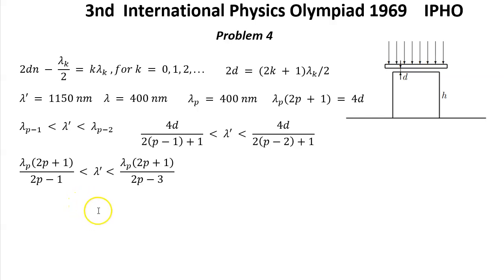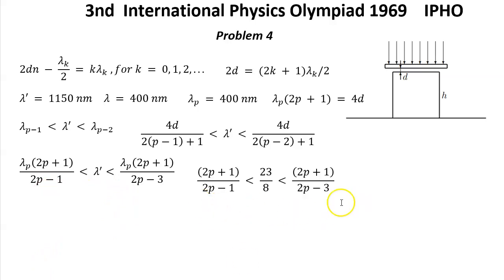So we can subtract everything by 400 nanometers and we have these two inequalities. Now we can count both separately: from one hand p must be greater than 31 over 30, but from the other hand it must be less than 77 over 30, and both of them give us p equal 2.